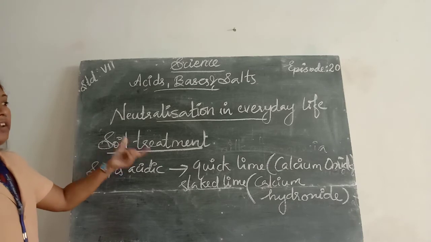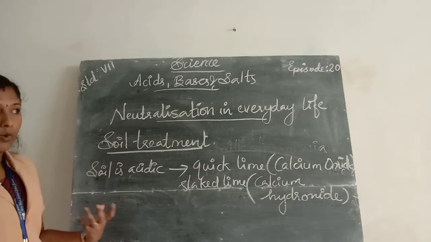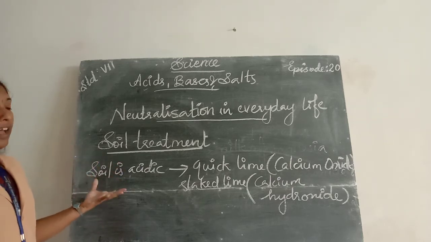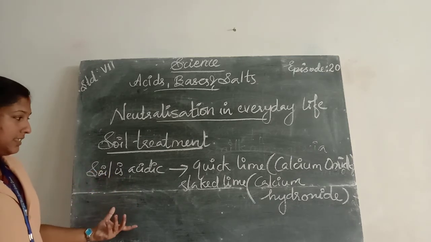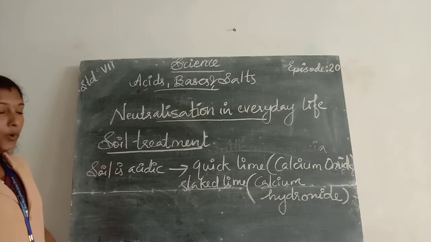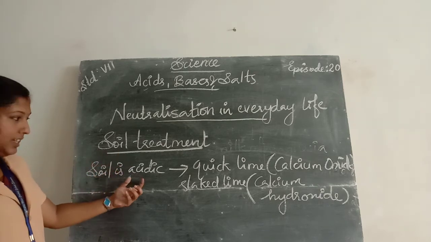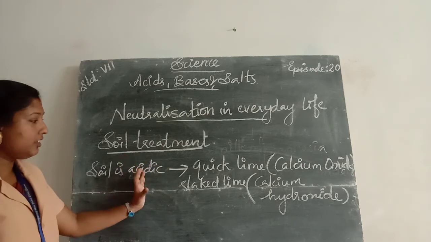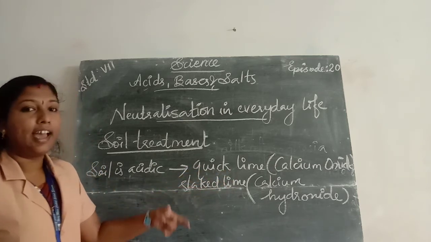If we use excess chemical fertilizer, the soil becomes too acidic, so the plants never grow in that soil. If we test the soil and find it too acidic, then to neutralize the acidity we add quick lime and slaked lime into the soil.